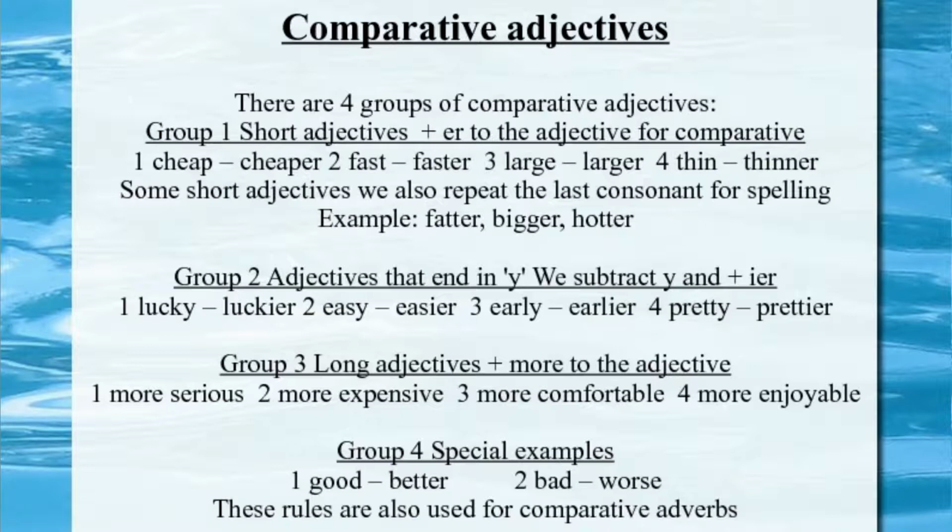Okay, I want to move on now to the third group, and in this group, the adjectives are much longer, and what we do is we add the word more before the adjective. So let's have four examples of that.